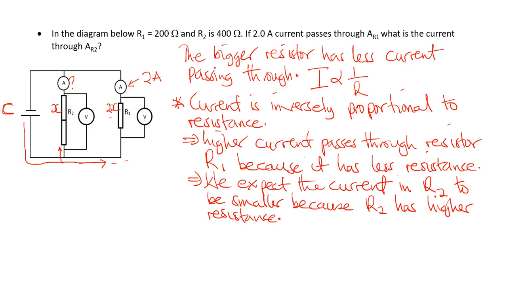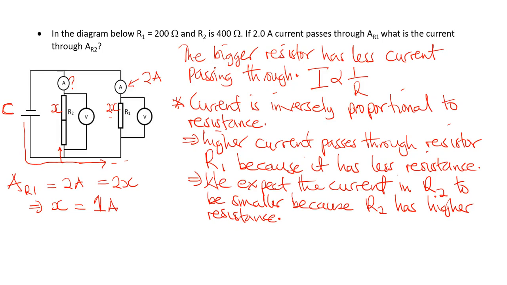And we know that the current passing through R1 is equal to 2 amp, and this is equal to 2x. What it means is that x is equal to 1 amp.